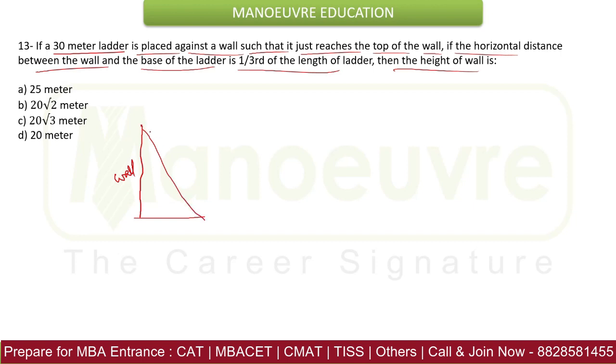The length of the ladder is given as 30 meters, and this distance is 1/3, so that will be 10 meters.